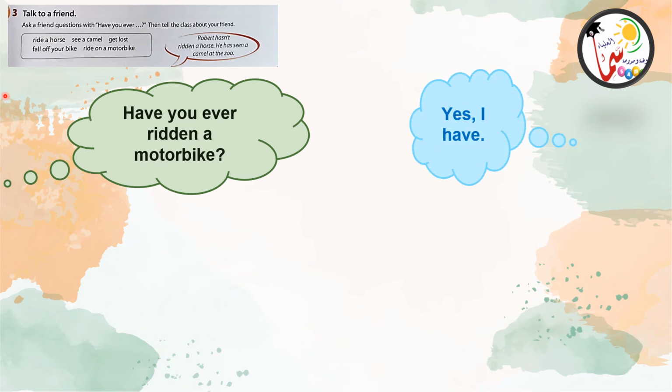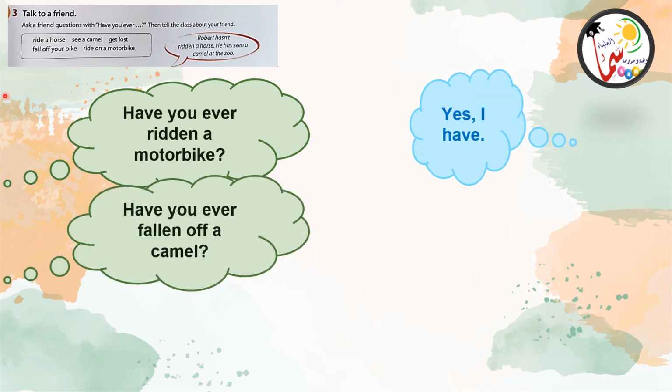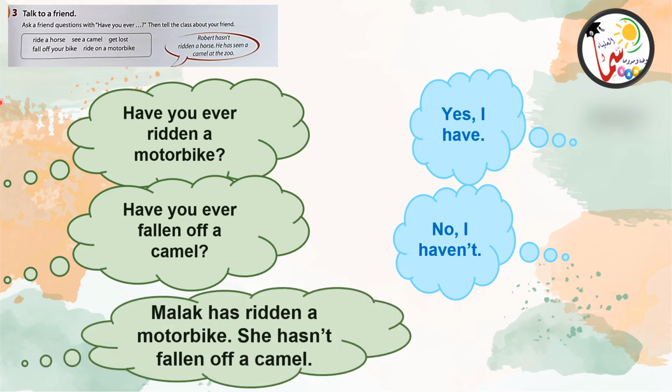Yes, I have. Have you ever fallen off a camel? No, I haven't. So now what you have to do is to make a sentence telling your friends about it. So you would say, Malak has ridden a motorbike. She hasn't fallen off a camel.